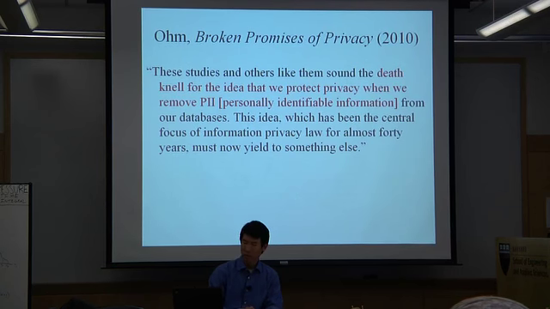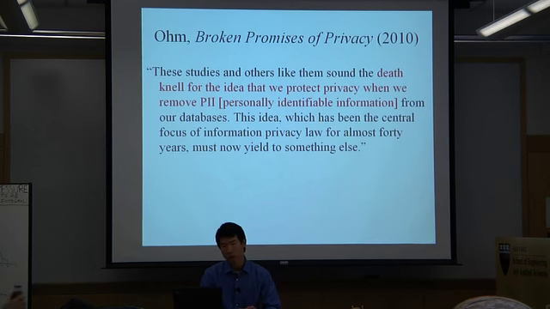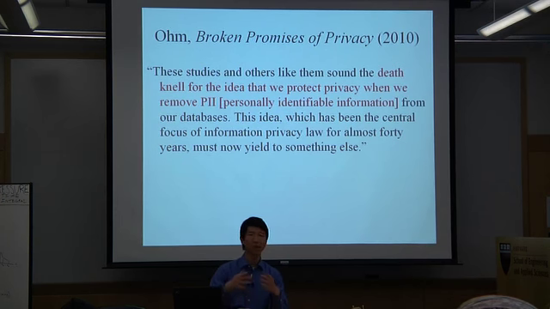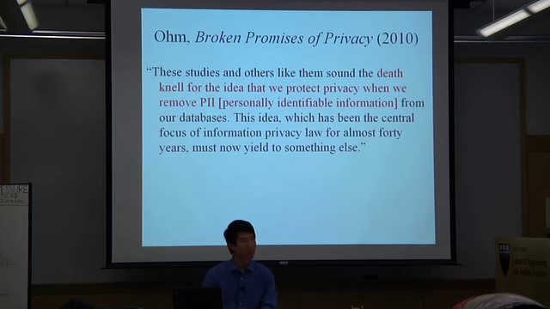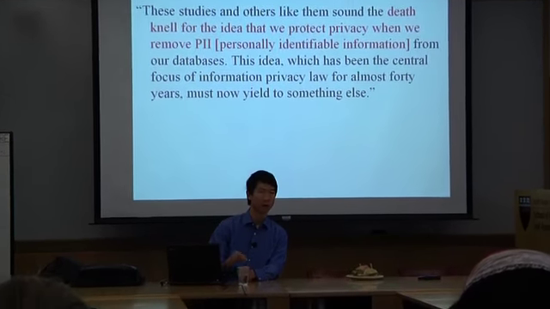This idea, which has been central to the focus of information privacy law for almost 40 years, must now yield to something else." Right? So the notion is, look, this shows that we just can't expect to anonymize data. If we want to protect privacy, we need to do something other than try to anonymize the data.